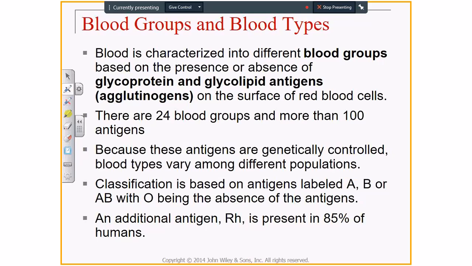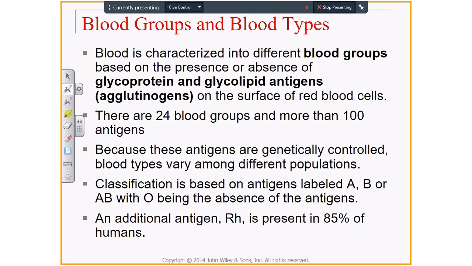Remember, your genetic code is a code for a protein product. Therefore, if your body recognizes something as foreign, it's going to attack it and make antibodies against it. And that is the very basis for these blood groupings.